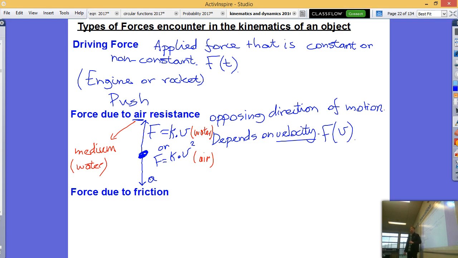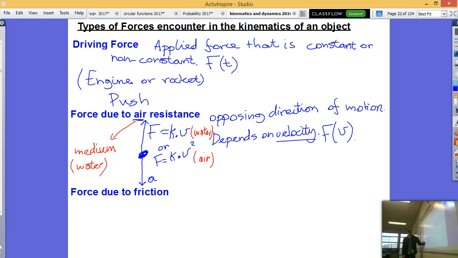It's got to do with the viscosity of the medium. The drag constant is built into k, but when an object moves through water, its resistance force is more directly proportional to velocity, a linear function. Whereas when it's moving through air, it's proportional to velocity squared, parabolic.